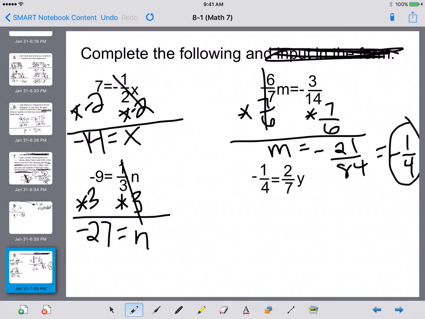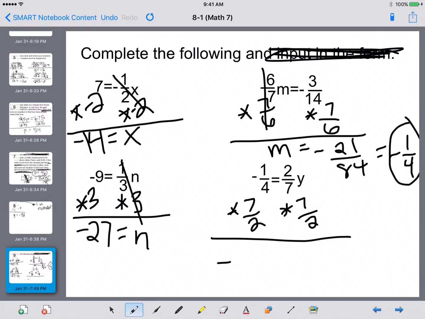And finally, multiplying by the reciprocal of the coefficient, since we have a fraction, we're going to multiply by 7/2. What you do to one side, you do to the other. A negative times a positive is a negative. Now I don't have to worry about our negative signs anymore.